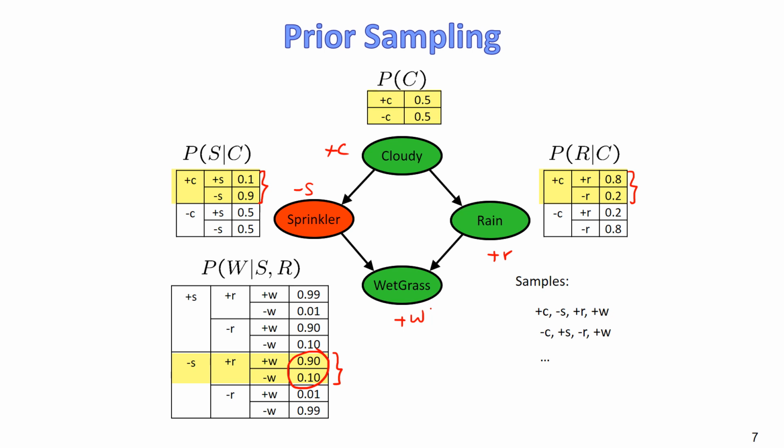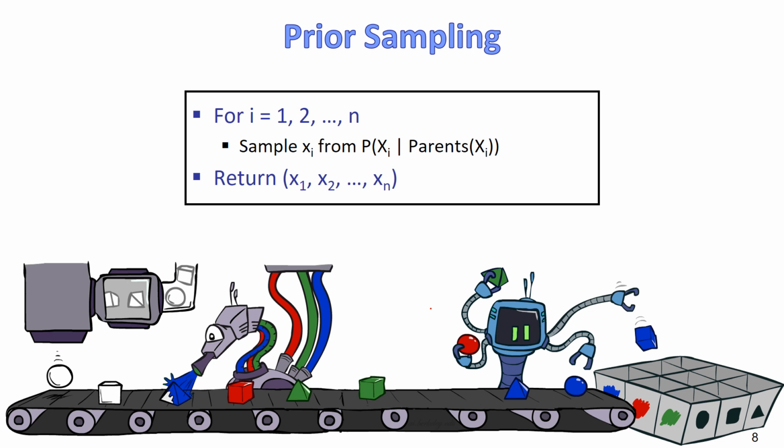Okay. Fine. Here is the main algorithm we use for drawing one sample using prior sampling. So we call this method of sampling prior sampling. Here it's called prior because we don't have any evidence. And in doing prior sampling, we don't assume that we have any evidence.